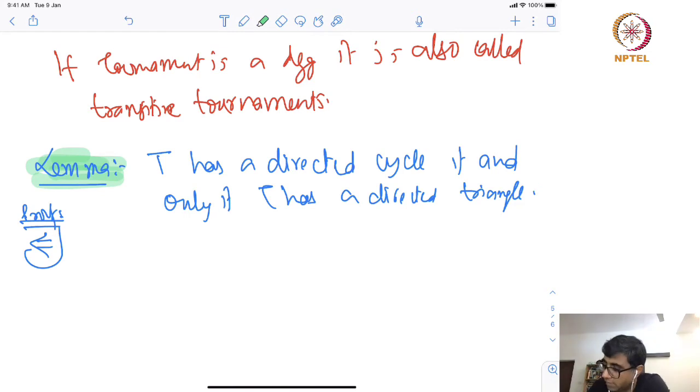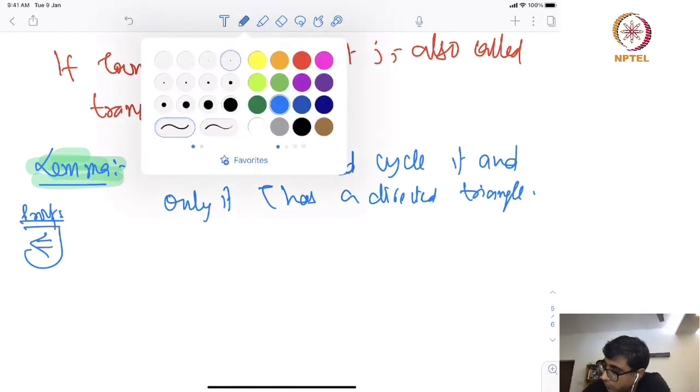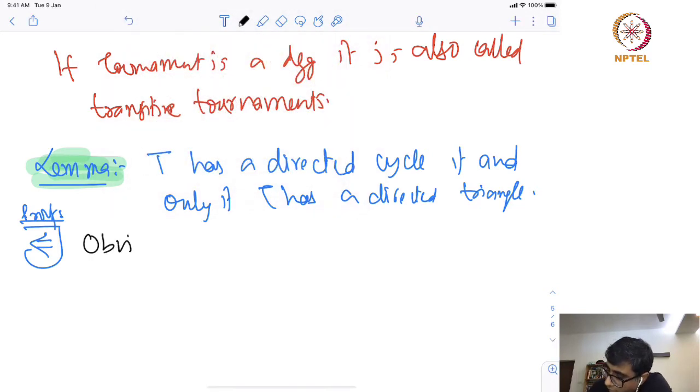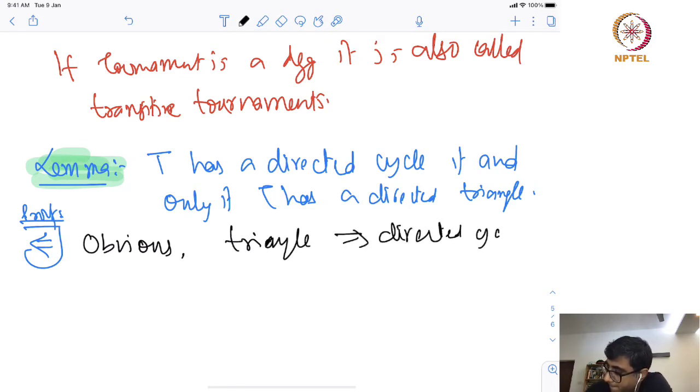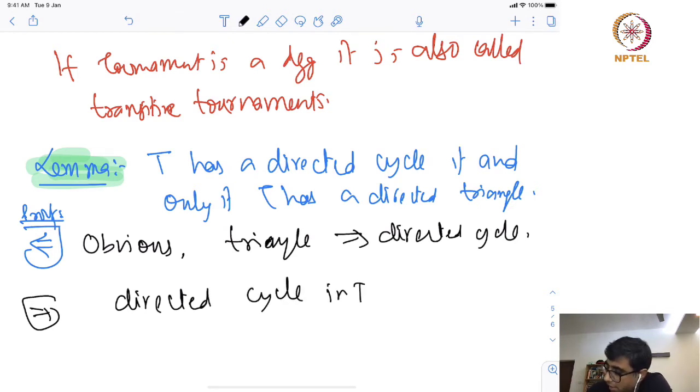The reverse direction is obvious, right? Why? A triangle implies a directed cycle. But let's look at a directed cycle in T that is not a triangle.